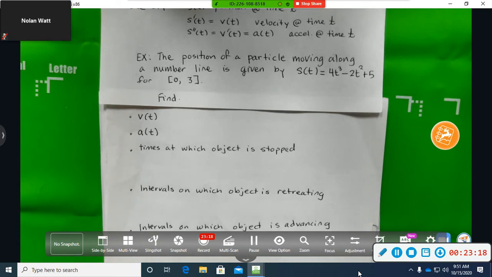So you can get the velocity and acceleration before you can even write the problem down.